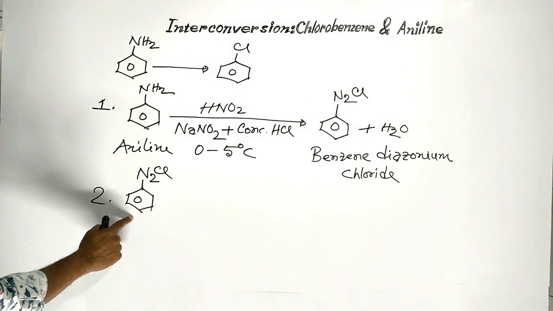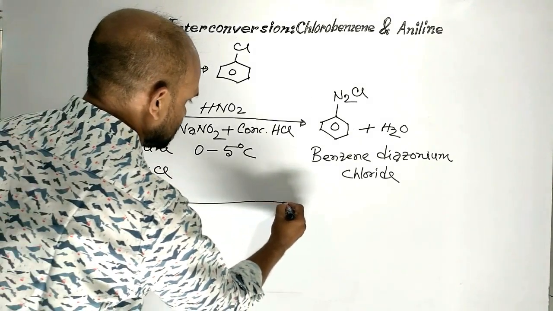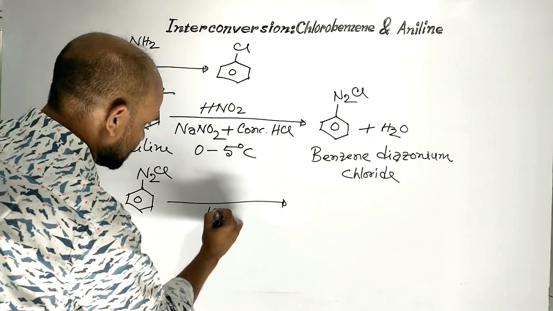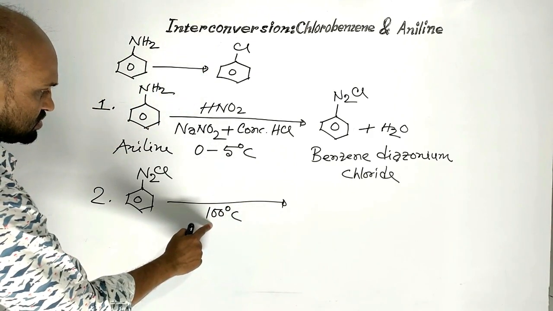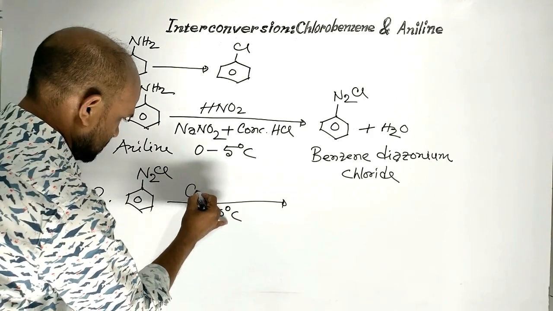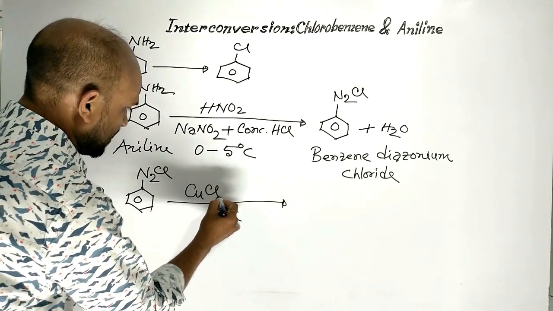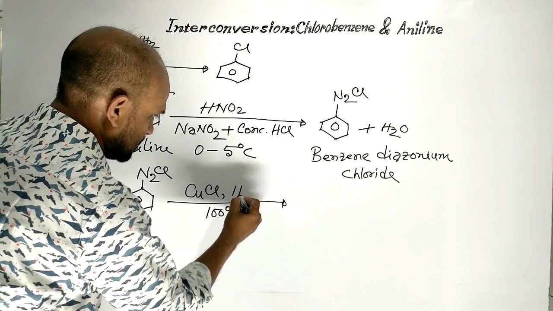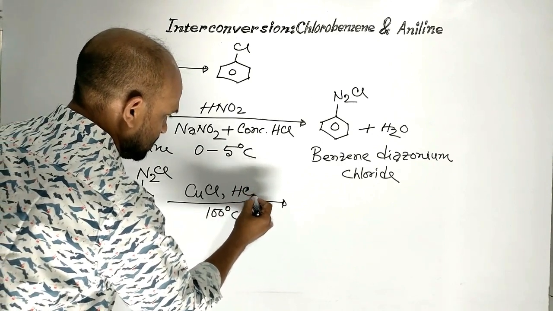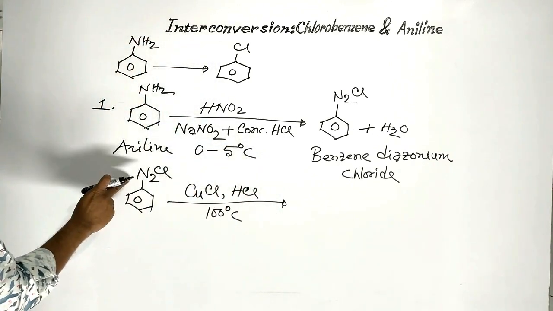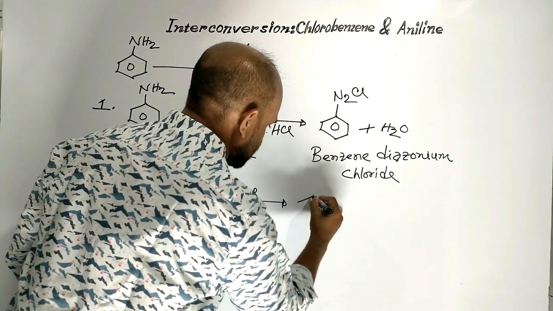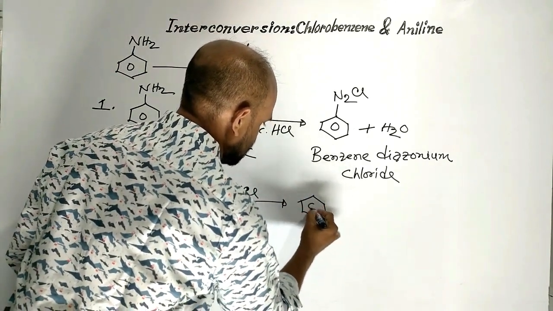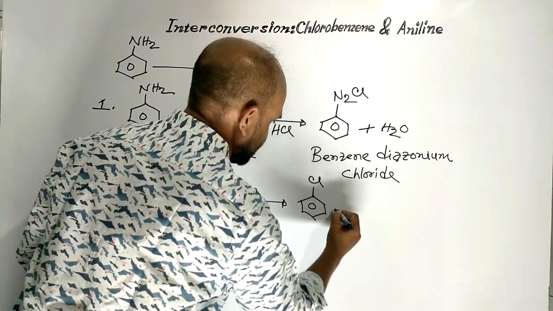When benzene diazonium chloride is heated at 100 degrees Celsius temperature with copper chloride and HCl, then benzene diazonium chloride changes to chlorobenzene.